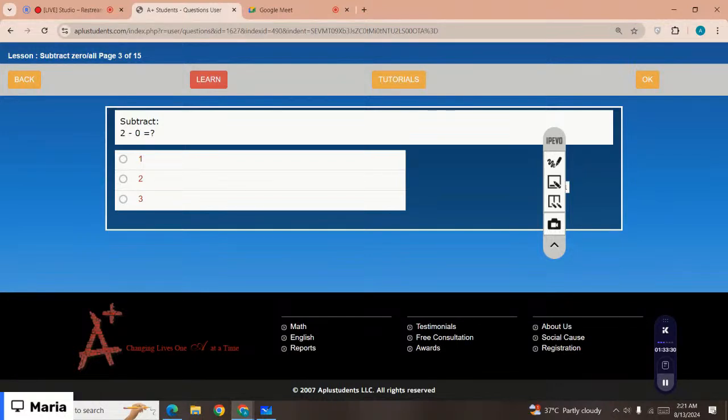So 2 take away 0 is 2. The correct option is 2.